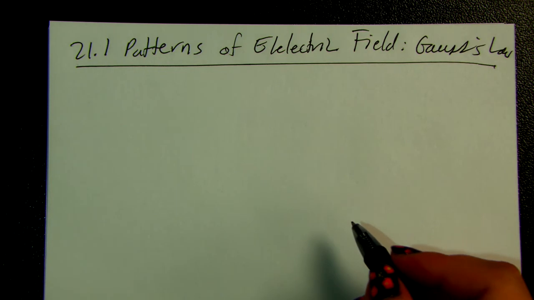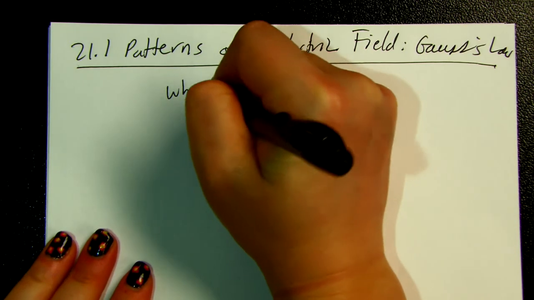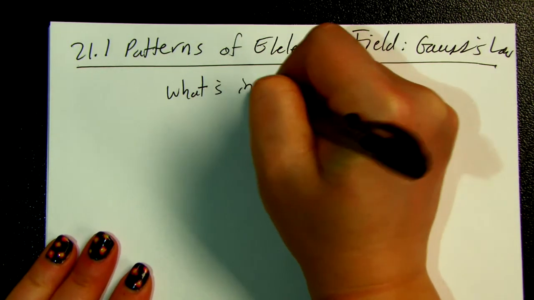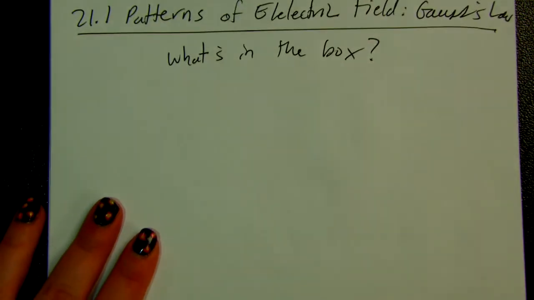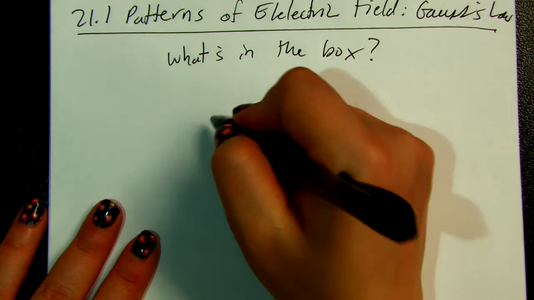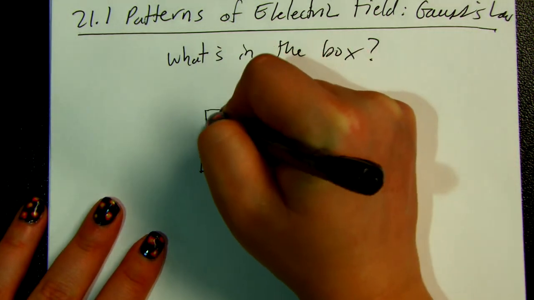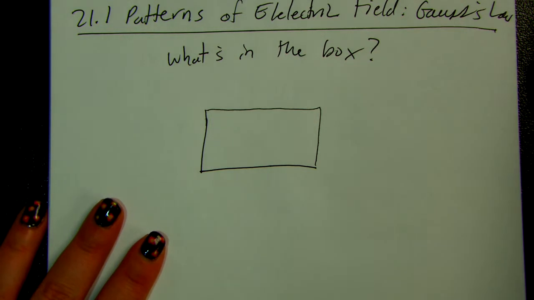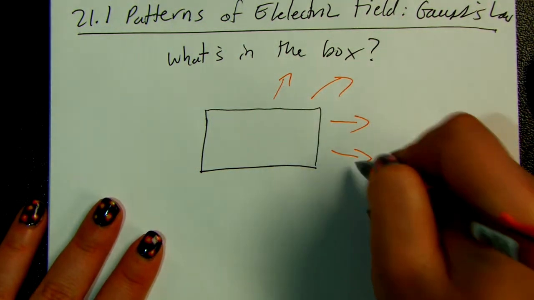All right, so the big question we have is, what's in the box? So let's play what's in the box. And all that we have is the field lines. So we've got a box, and let's say we've got a field that's radiating out.